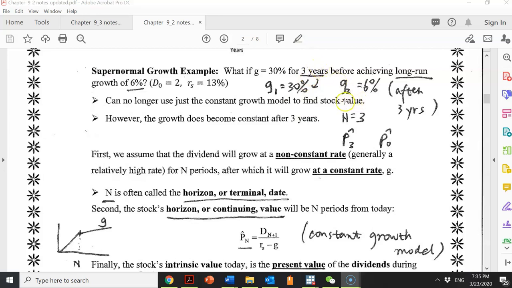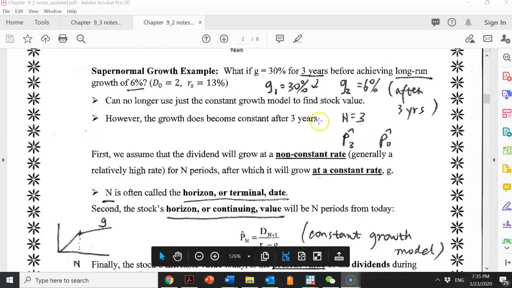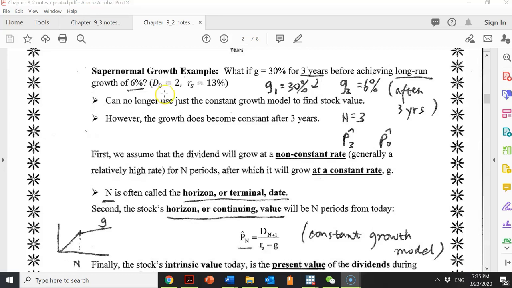In the second stage, G2 equals 6% for all the years after the third year. We also know that D0 equals 2. The dividends are just given out at the beginning of the first year, and it's $2. Stock return, RS, is 13%.